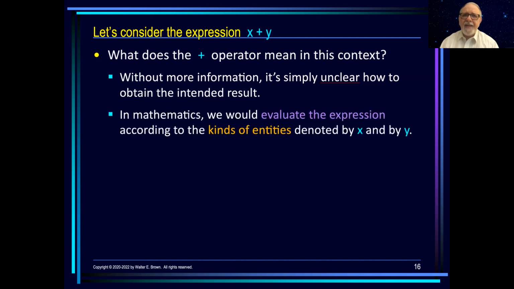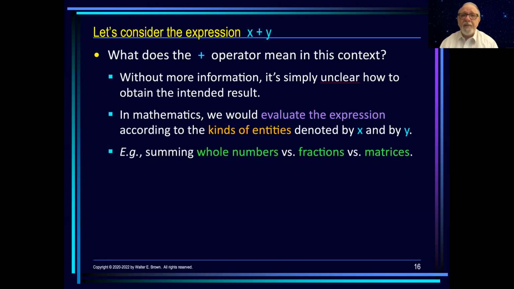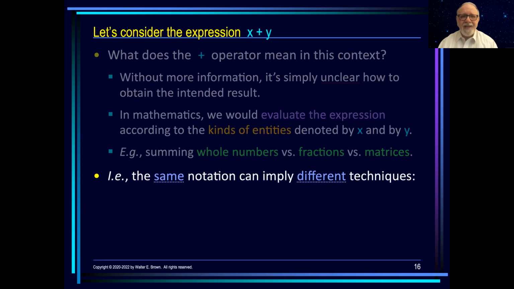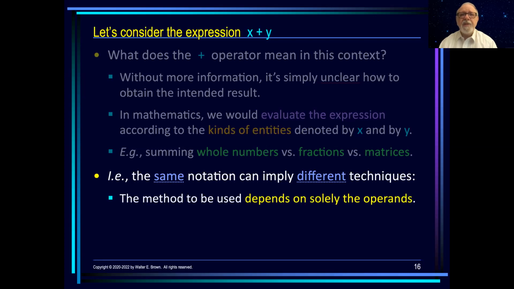Now, if this were mathematics, we'd evaluate the expression based on the kinds of entities we are denoting by x and by y. For example, if they were both whole numbers, we do it one way. If they were fractions, we'd do something else. If they were matrices, we'd follow a different algorithm. The point is that the same notation can imply different techniques, and that the method that's going to be used depends only on the operands.